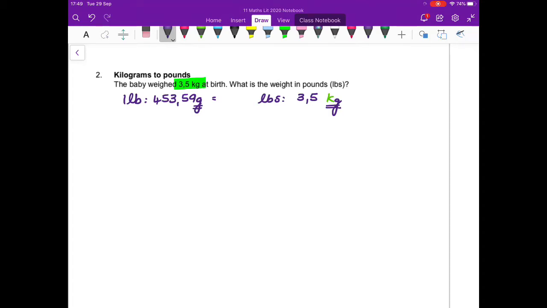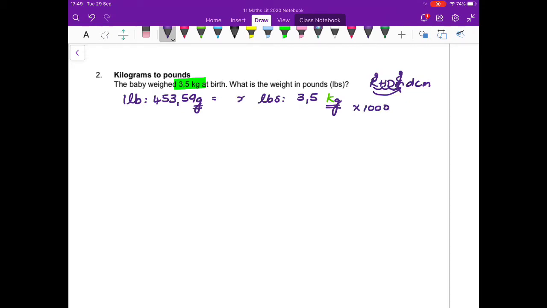So I'm going to convert kilograms to grams. Remember, King Henry died miserable death called measles. I'm going to go, and remember these are grams. So kilograms to grams, I'm multiplying by 1, 2, 3. 1, 2, 3. I put a 1 in front.